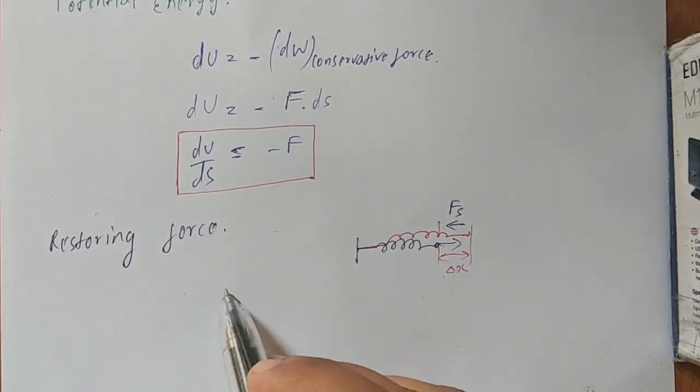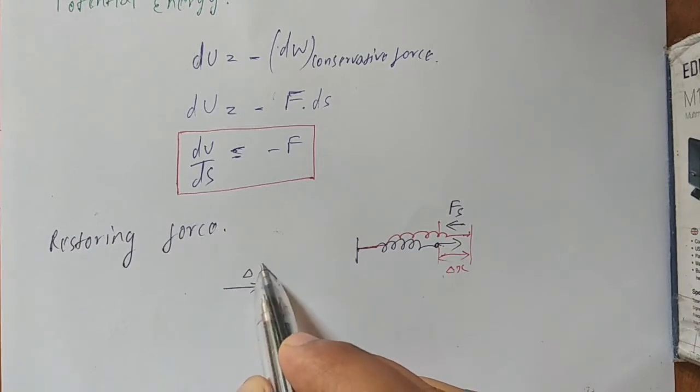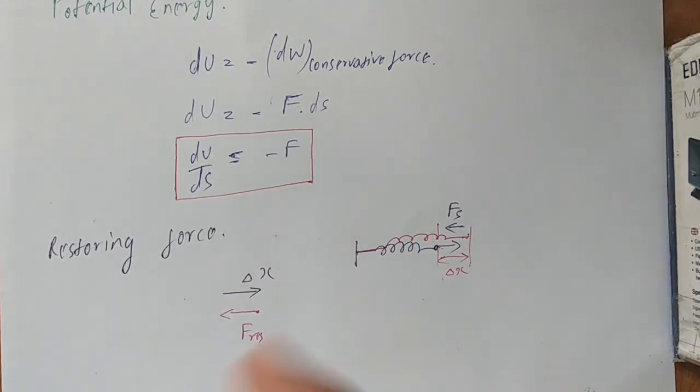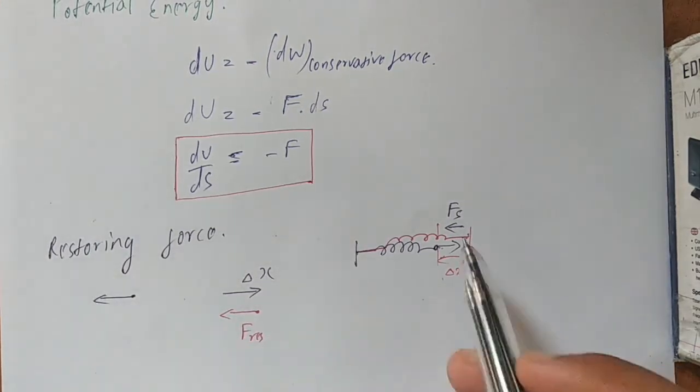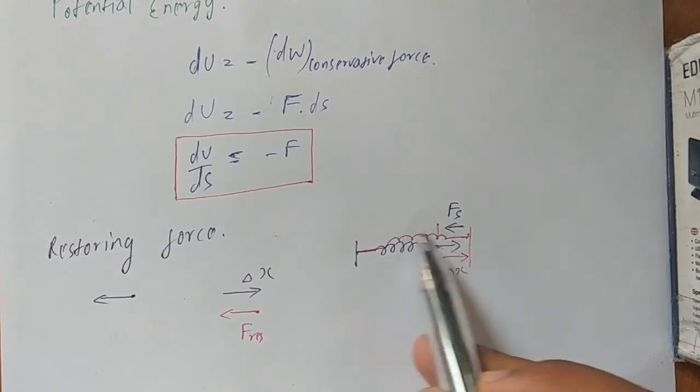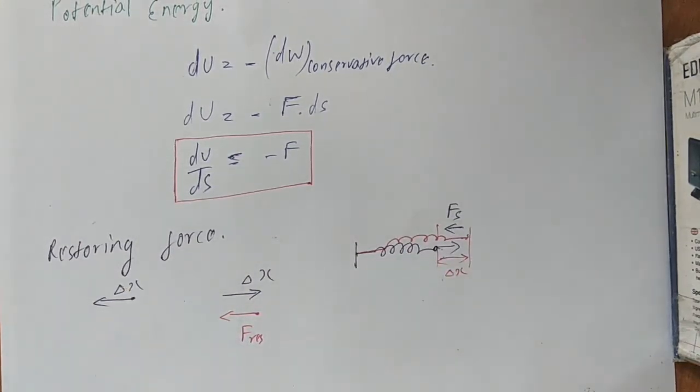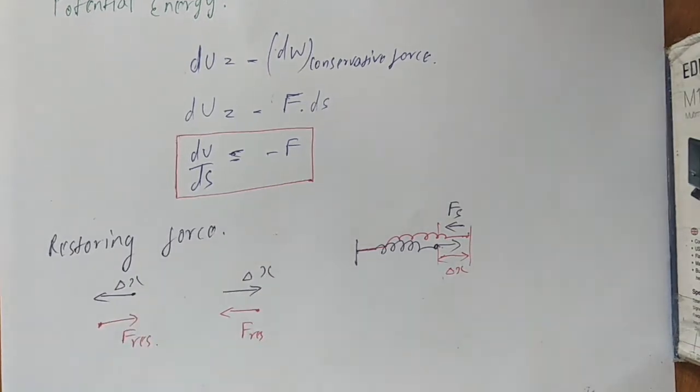So if there is a displacement in this direction, then the restoring force will act in the opposite direction. If there is a displacement in the other direction, say for example the spring was compressed, then the restoring force will still act in the opposite direction. We have understood what is restoring force.